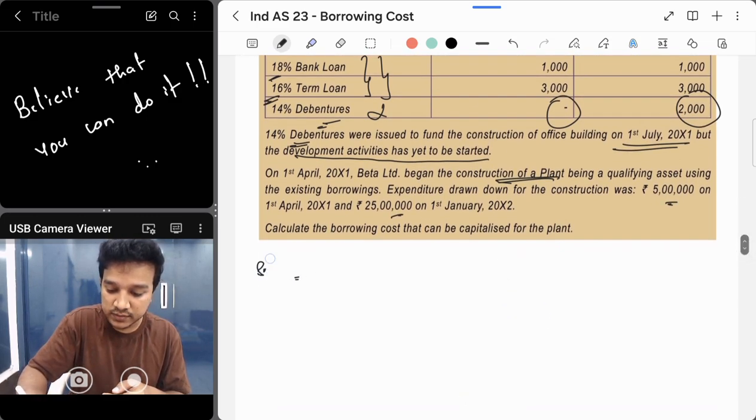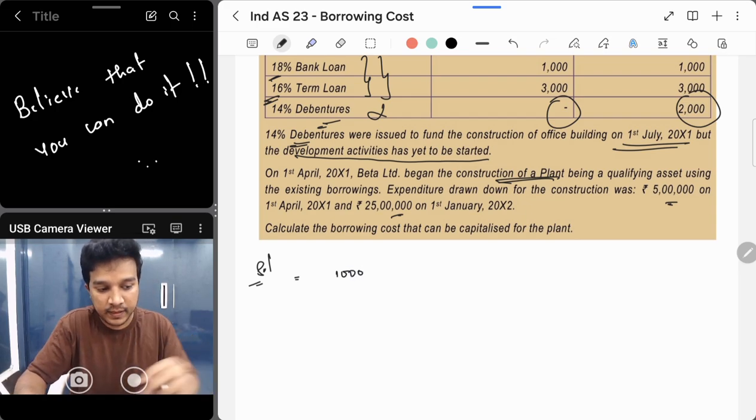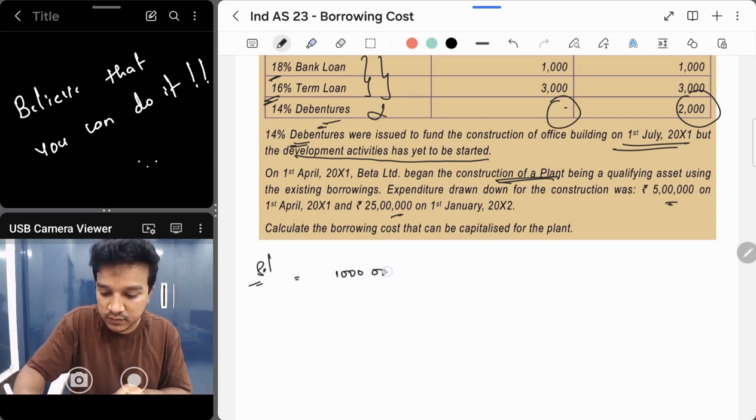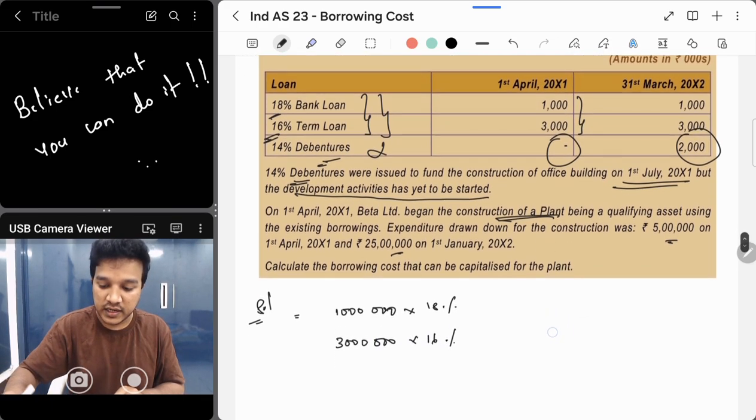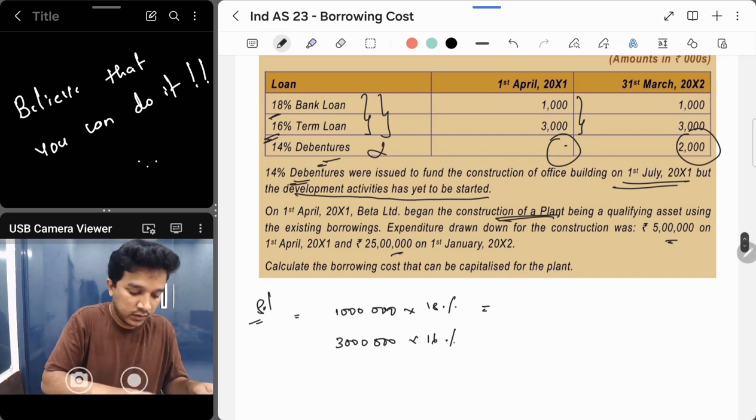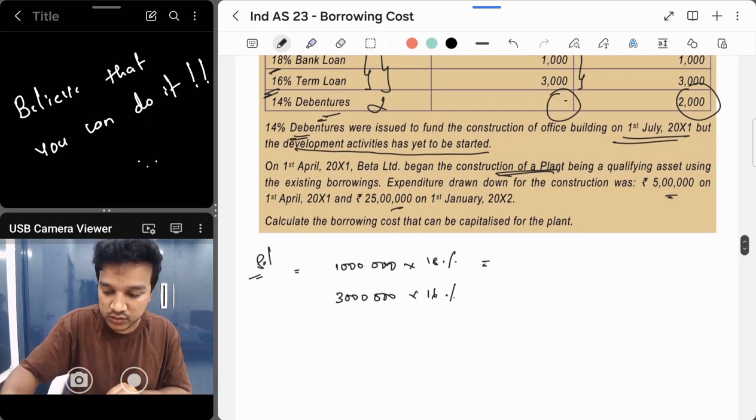So first solution, 1000 into 18%, and then the second one is 3 into 16%. Okay, I've taken these two balances, that's it, and then I've applied the rate into 18%, which comes to 1,80,000.